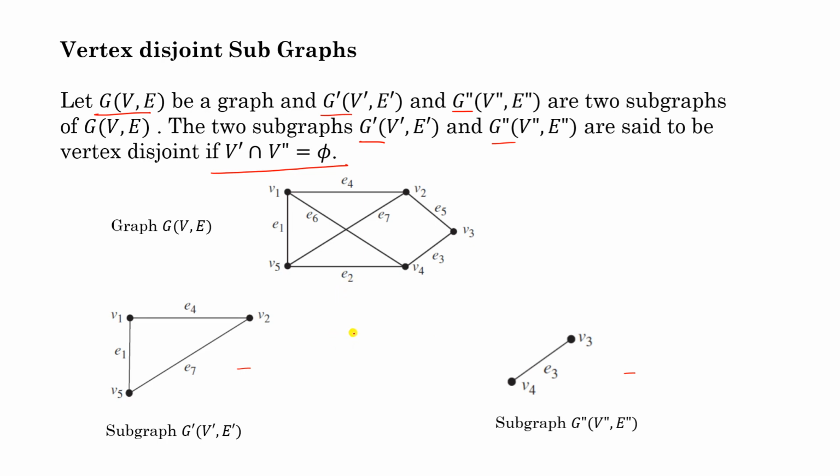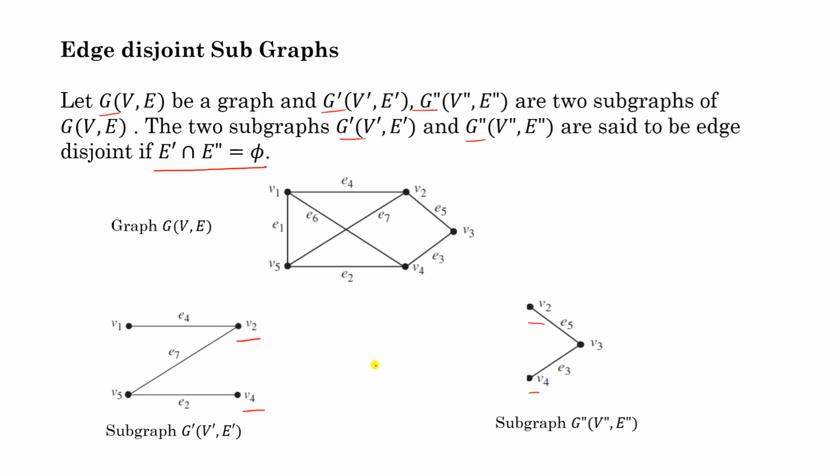Vertex disjoint subgraphs means no vertex is common. It means if V2 is there in one, then V2 is not there in the other. If V2 is not there, it means all the edges which are incident on V2 will not be there in this second subgraph. It means if two subgraphs are vertex disjoint, then automatically they will be edge disjoint.